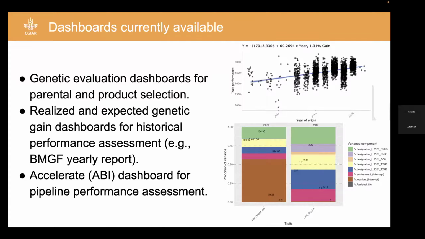And we also have a special request from accelerated breeding for a dashboard to make an overall assessment of the pipelines. Actually, these have been used in the last couple of weeks to report the genetic gains to the Gates Foundation.